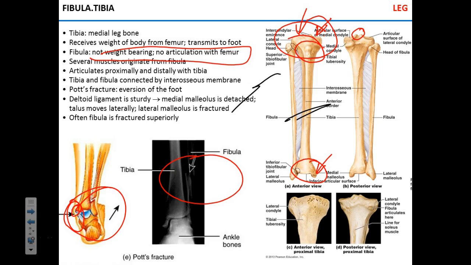At the same time, since deltoid ligament doesn't restrict the move of the bone called talus anymore, talus moves laterally. When talus moves laterally, it presses on the lateral malleolus of fibula and creates the fracture right here. So the fibula is broken. This is called Pott's fracture.